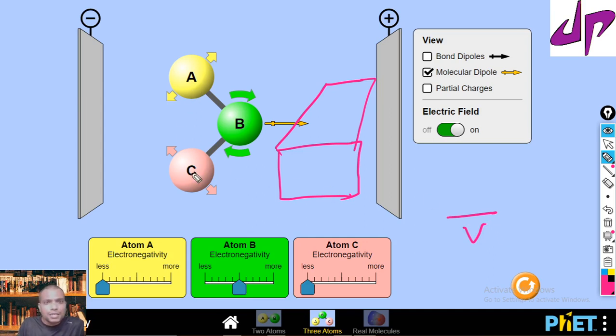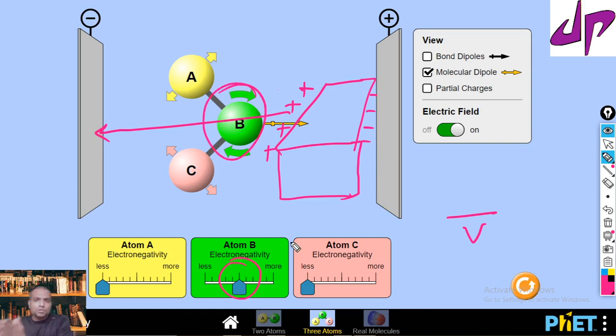Now these are the positive charges within the cube, and they will align, because they are attracted towards the negative plate. And on this side, the negative charge, because atom B has the high electronegativity, the negative atoms are attracted towards the positive plate.